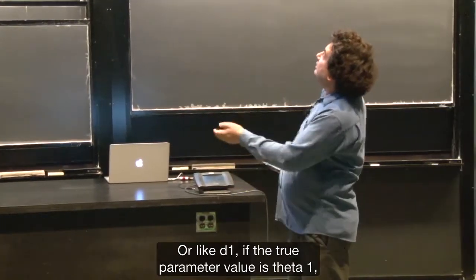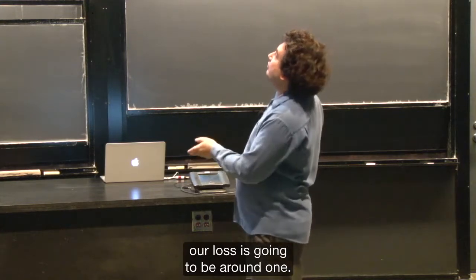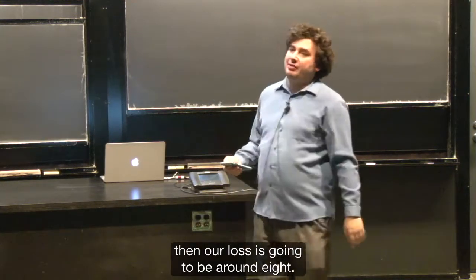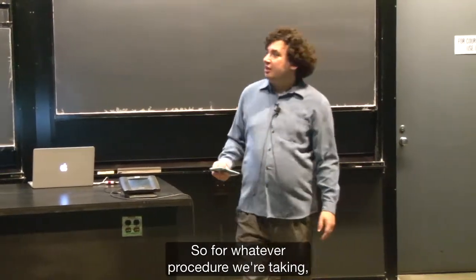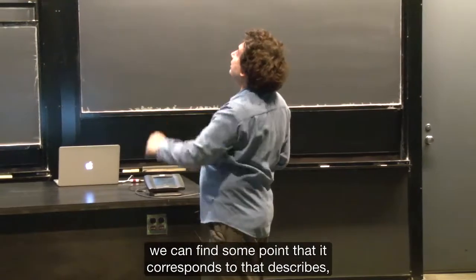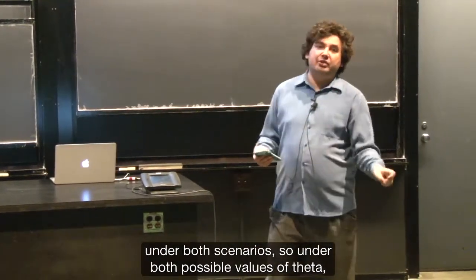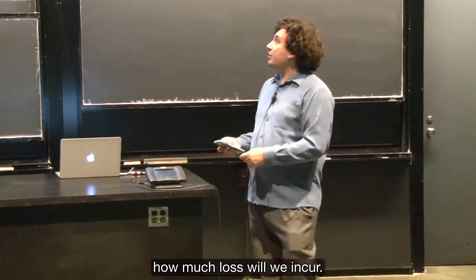Or like D1: if the true parameter value is theta 1, our loss is going to be around 1, and if the true parameter value is theta 2, then our loss is going to be around 8. So for whatever procedure we're taking, we can find some point that describes, under both possible values of theta, how much loss we will incur.